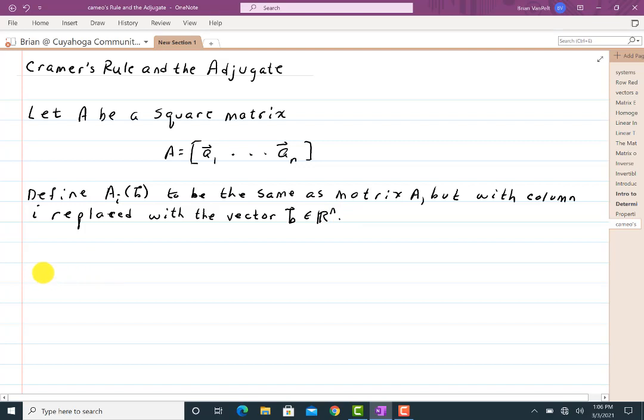So in particular, what we'll have then is A_i(b) will be the same matrix, except in column i, we put a b.